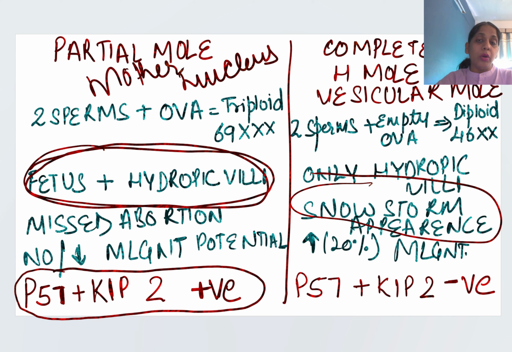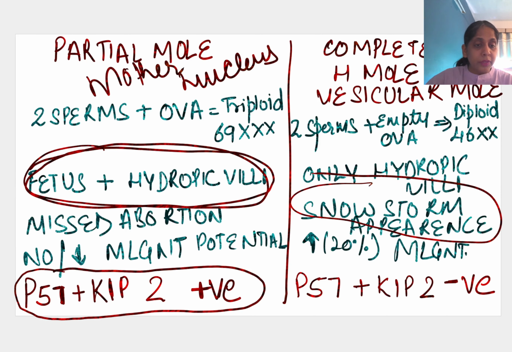In partial mole the fetus is there, so P57 and KIP2 also stain positive, because these are genes of the maternal nucleus, not the paternal nucleus. So when they are there, these stainings are also positive.